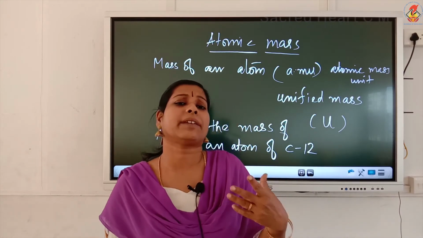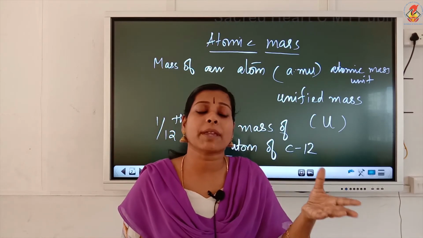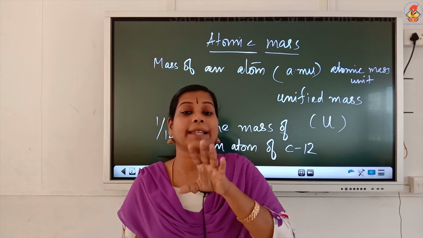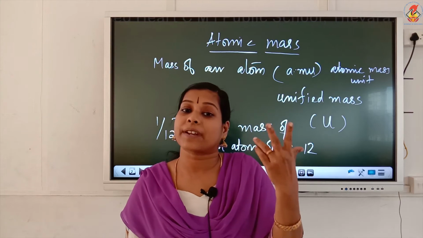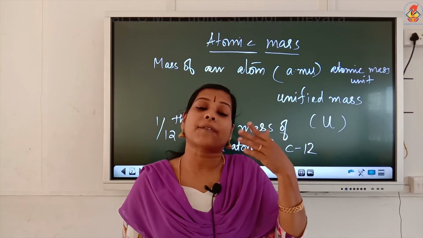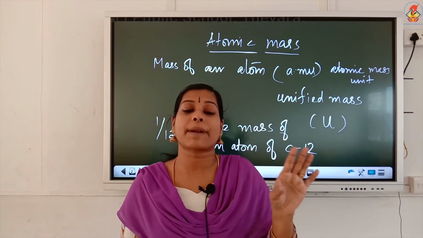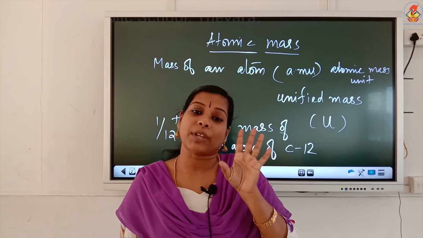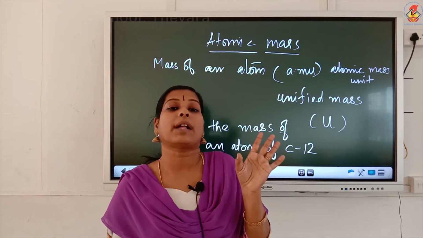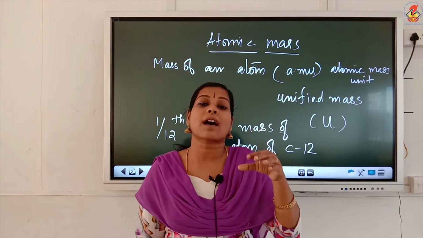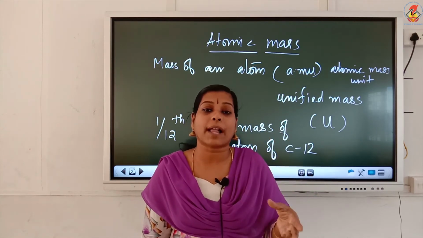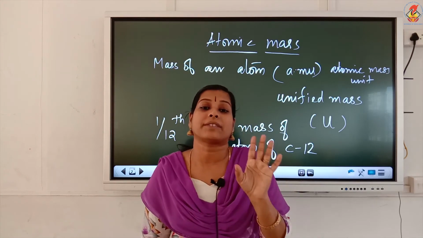But commonly we tell the atomic mass in relative form, by relating it with the atomic mass of carbon. Initially the reference was hydrogen, now the reference is carbon 12, and we know the atomic mass of carbon 12 is 12 gram. On the basis of carbon 12, we compare the masses of other elements.